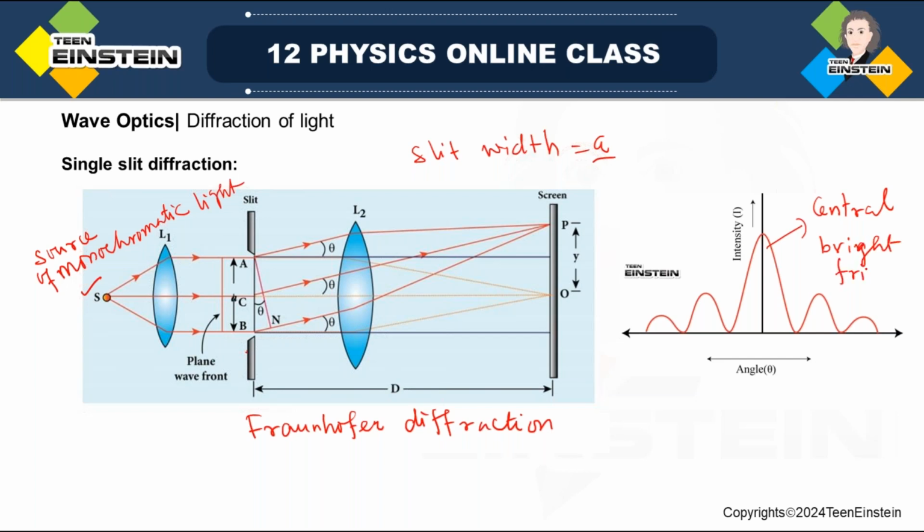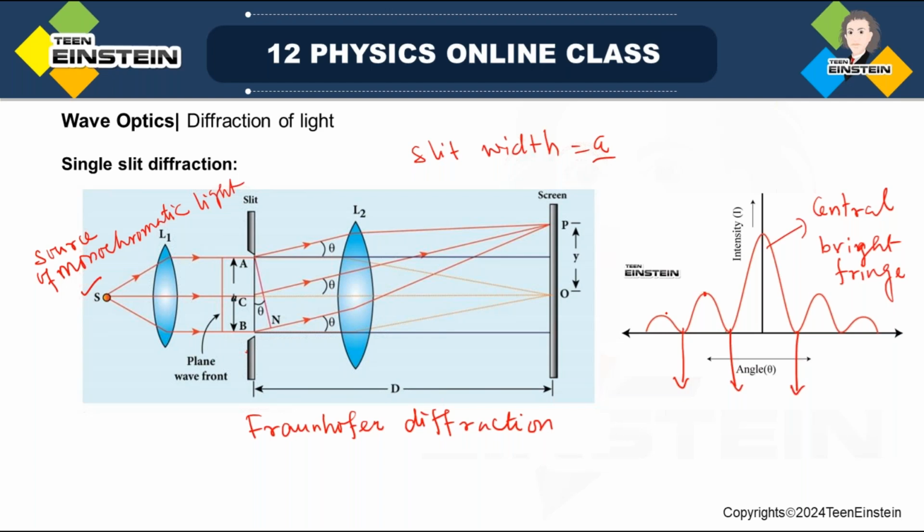These positions are of zero intensity, so these positions are called minima. But what kind of minima are these? These are called secondary minima.